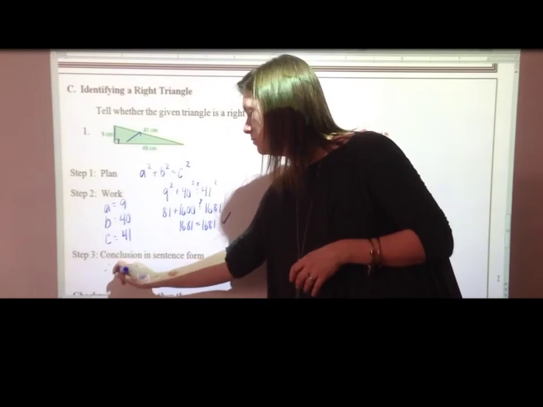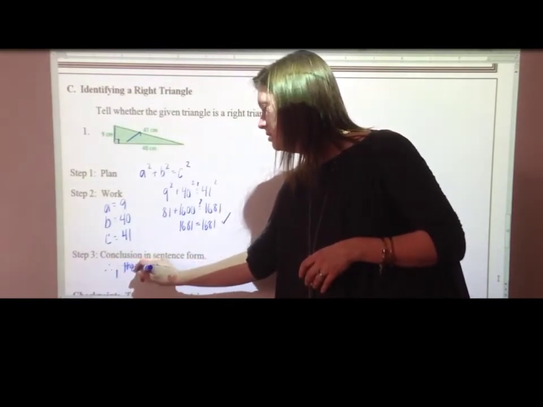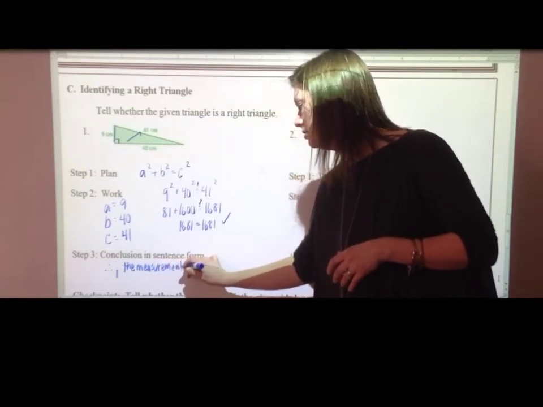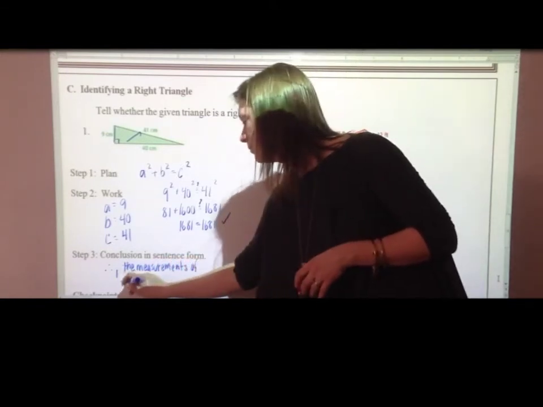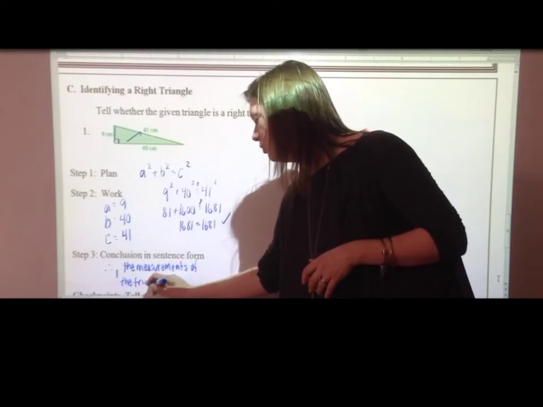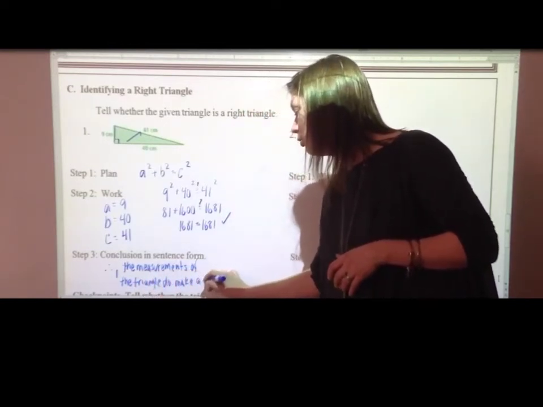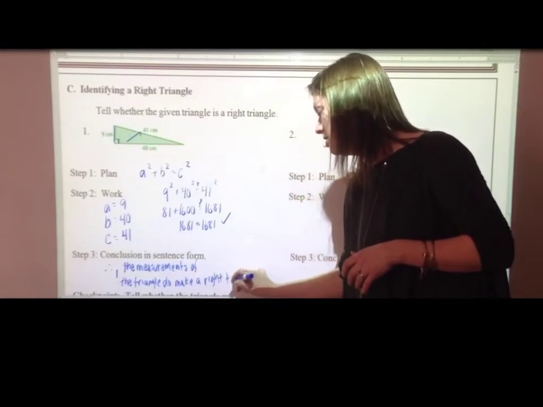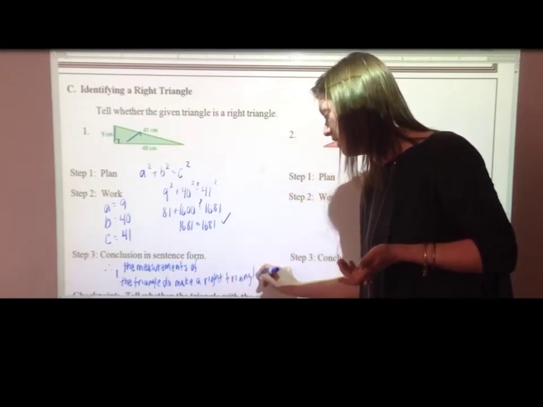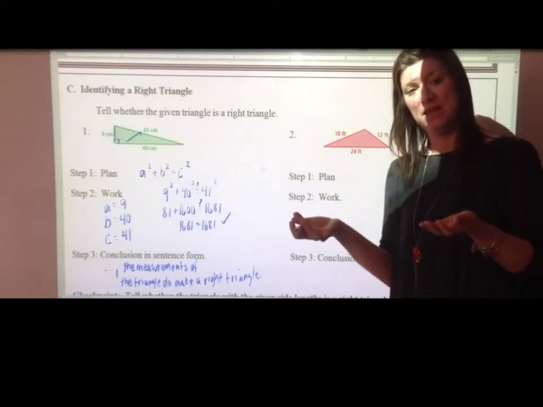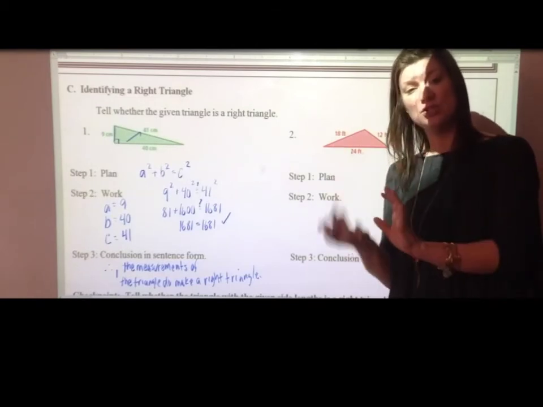Therefore, the measurements of the triangle do make a right triangle. So we justified using the Pythagorean theorem that those 3 measurements balance the Pythagorean theorem, proving then the triangle must be right.